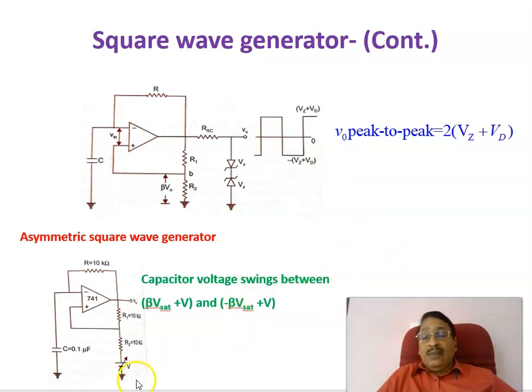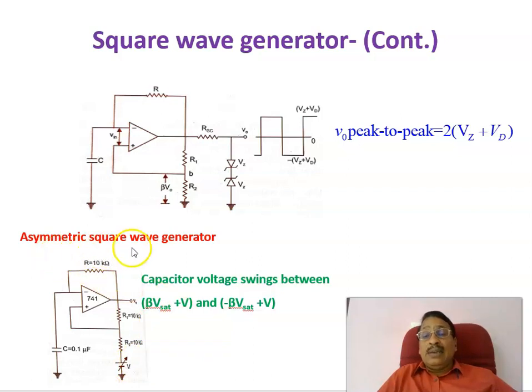But in this case, if you add a reference voltage like this one, the swinging will become plus beta VSAT plus V and minus beta VSAT plus V. Therefore, there will be an unsymmetrical swing, so that on period will not be equal to off period. Whenever you want to generate an unsymmetrical square wave, meaning that on period is not equal to off period, you have to add a voltage at this point, so that on period will not be the same as the off period.